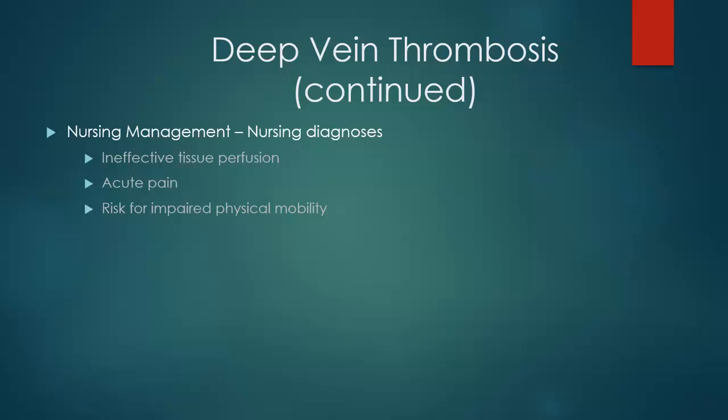For nursing diagnoses, we're going to include ineffective peripheral tissue perfusion, related to the interruption of venous blood flow. Acute pain, related to vascular inflammation and irritation, and edema formation. And risk for impaired physical mobility, related to pain and discomfort of the affected extremity.